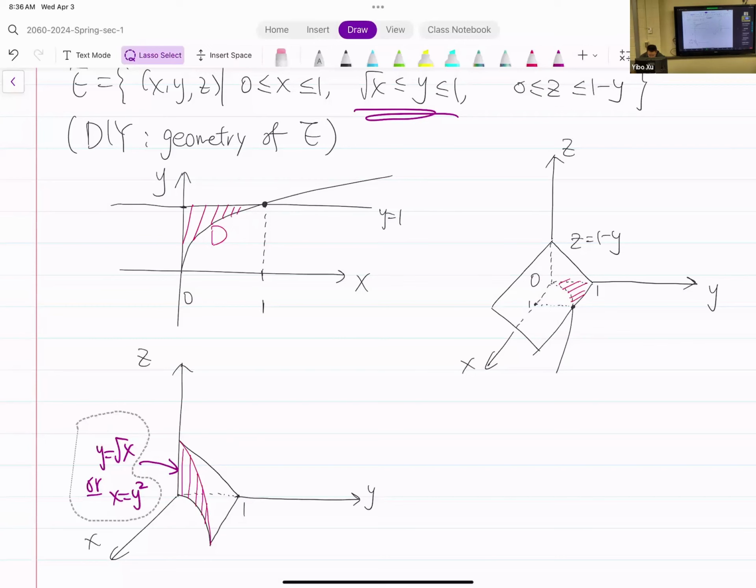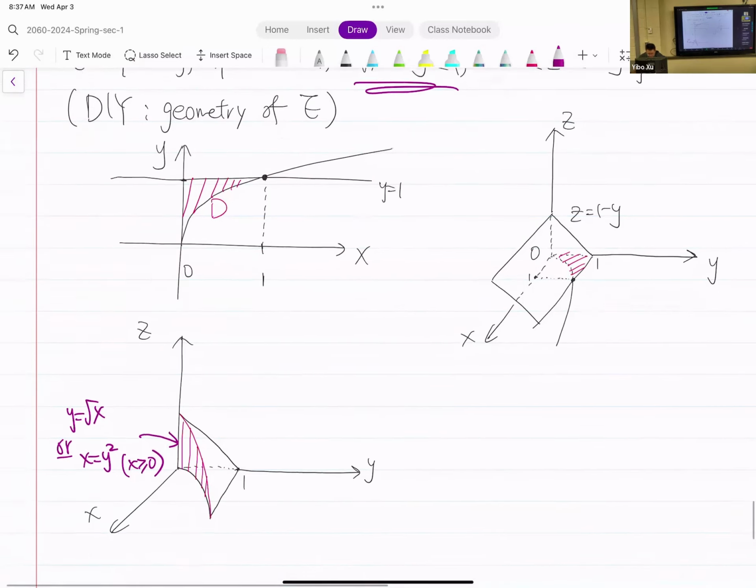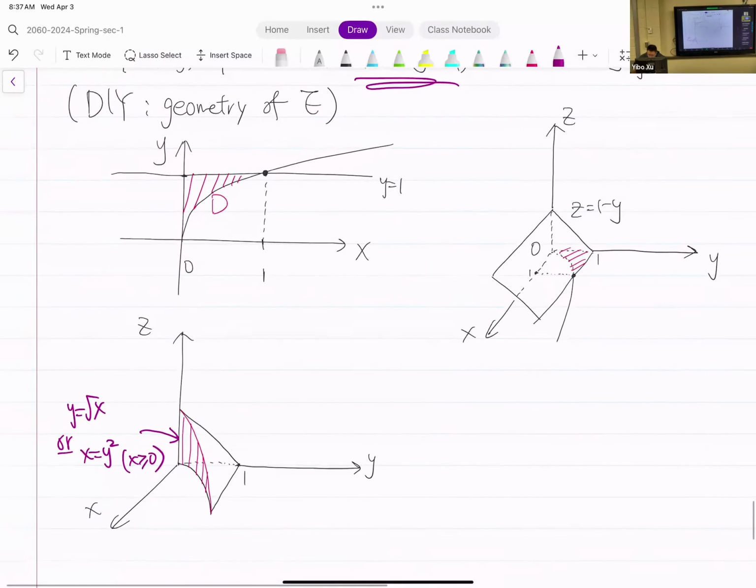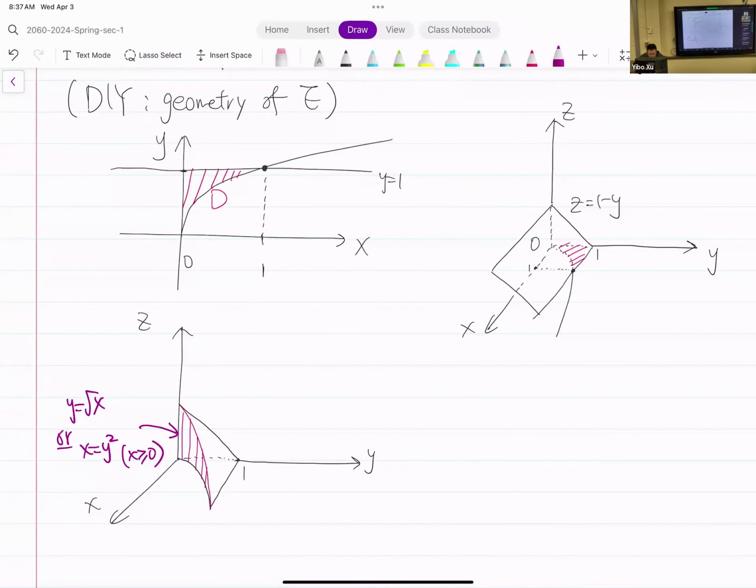And move it to the left a little bit. Here, x is non-negative. So the curve at the bottom is y equals square root of x. And now, of course, the top plane is y plus z equals 1.